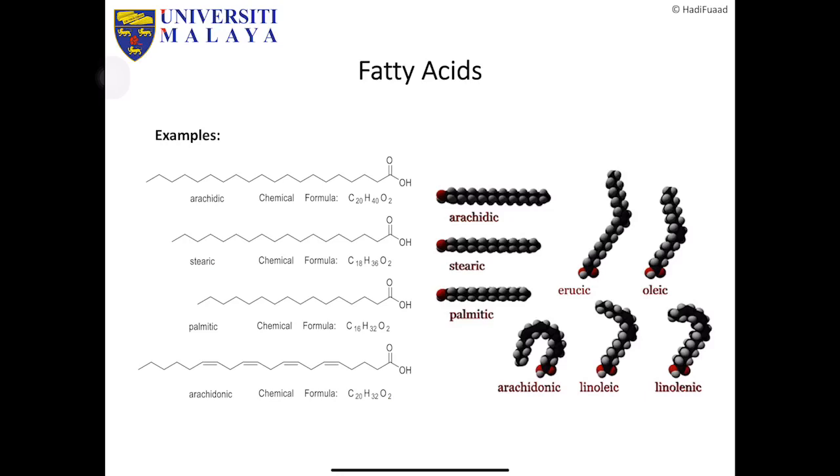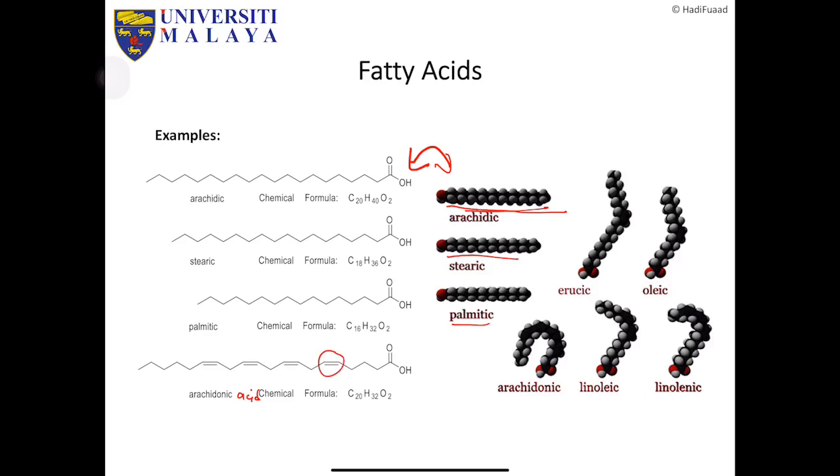Right, so again, these are some examples of fatty acids. You have arachidic acid, stearic acid, palmitic acid, arachidonic acid. Okay, so the difference is, as you can see comparing these two chemical representations, a fully saturated fatty acid is linear, similarly for stearic and palmitic.